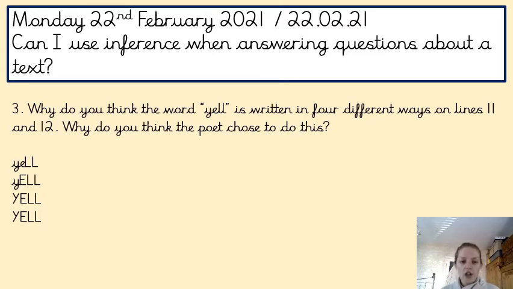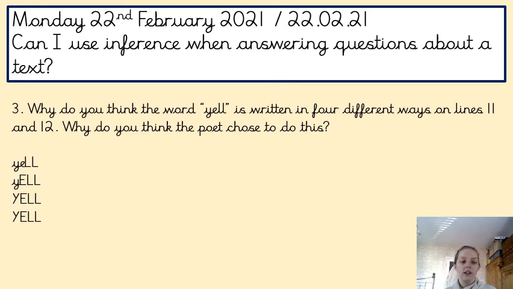Moving on to question 3. Why do you think the word yell is written in 4 different ways on lines 11 and 12? Why do you think the poet chose to do this? Now I've typed out the 4 different ways that the word yell is represented. So I'm going to read them out, and I am giving you a really big clue here as to why the poet has chosen to write them in these 4 different ways.